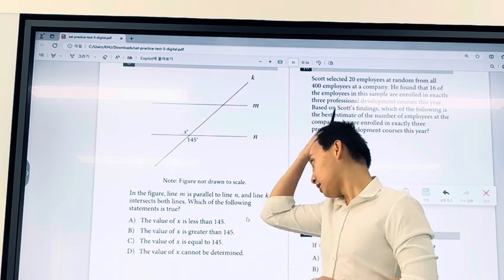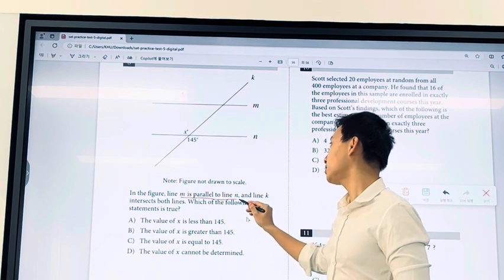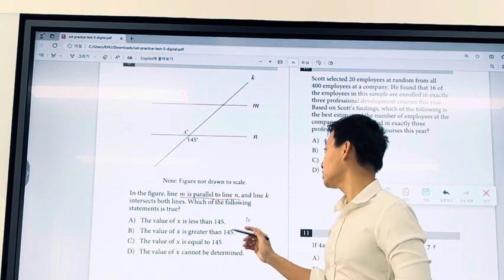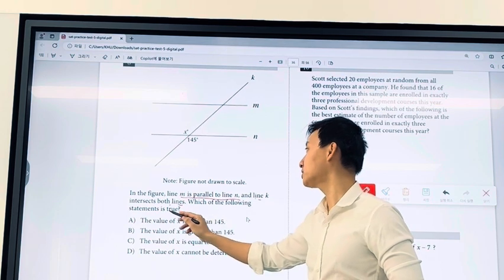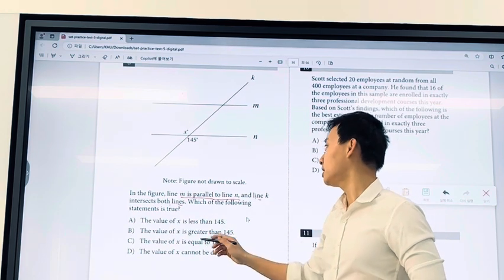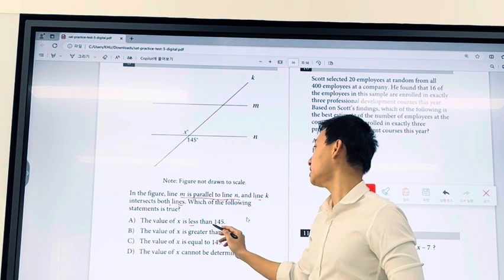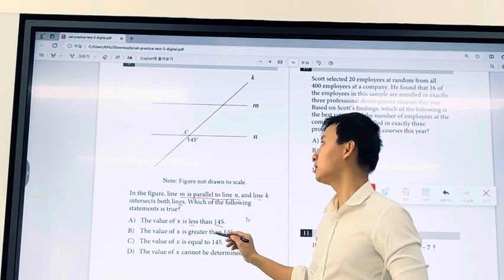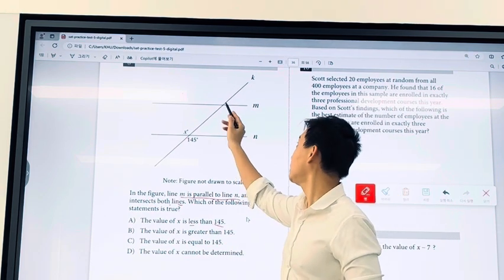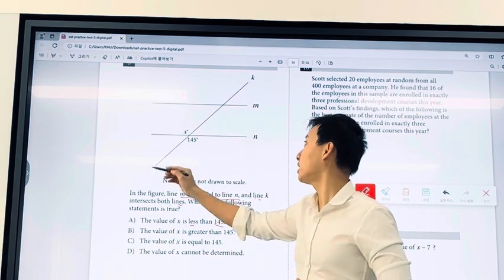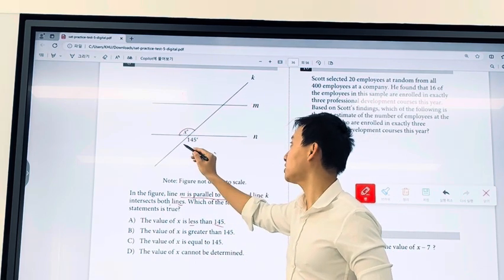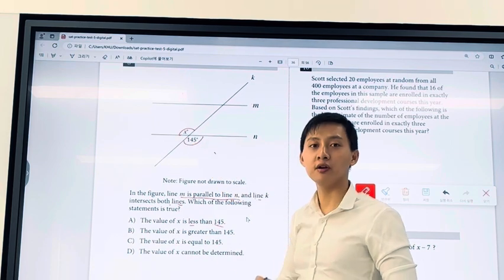So line M is parallel to line N, and line K intersects both lines. Which of the following statements is true? A, the value of x is less than 150. Okay, let's see. When M and N are parallel and intersect with K, x will be equal to 150.